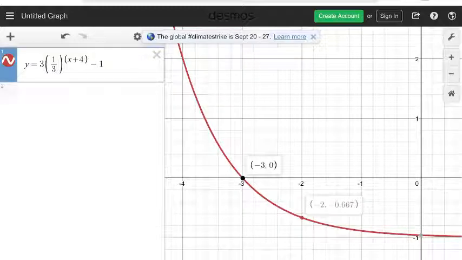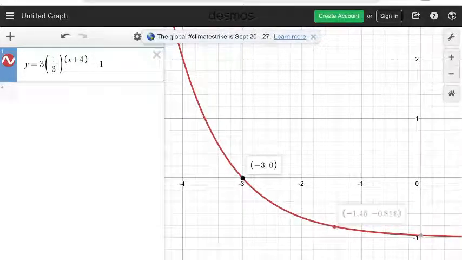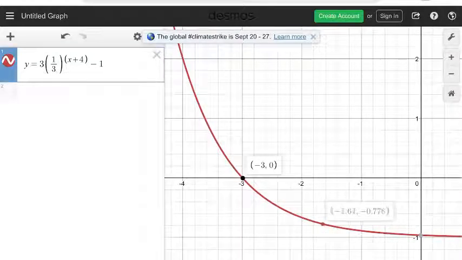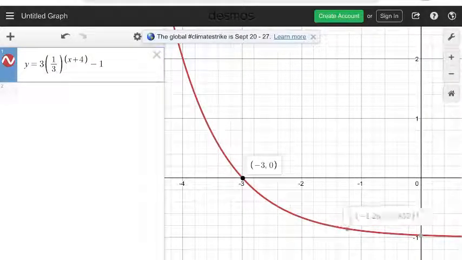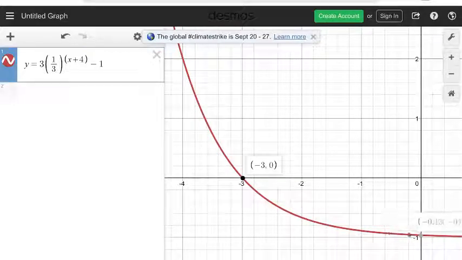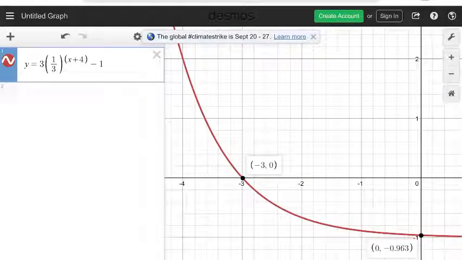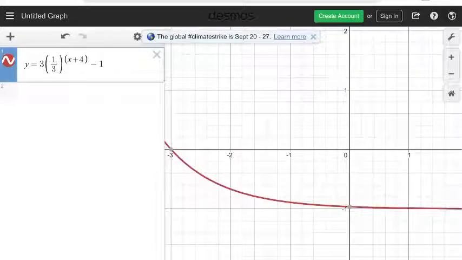So there's -2 at -0.667. Let's see if there's another one. Don't think so.